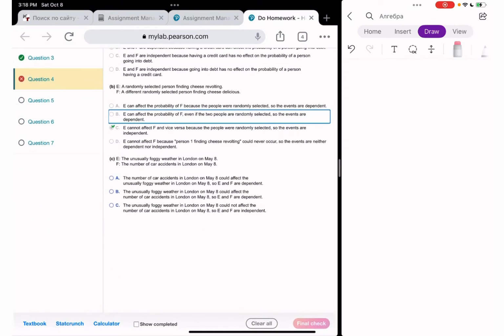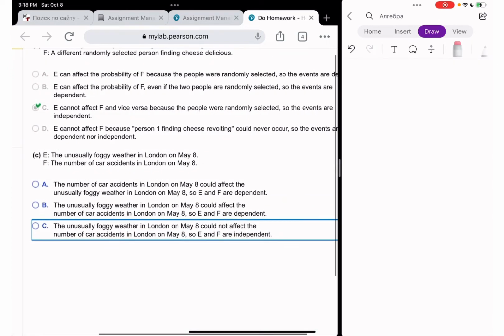See, what do we have? The unusually foggy weather in London on May 8th. Okay, the number of car accidents in London on May 8th. All right. So is the foggy weather has anything to do with accidents? Yes.